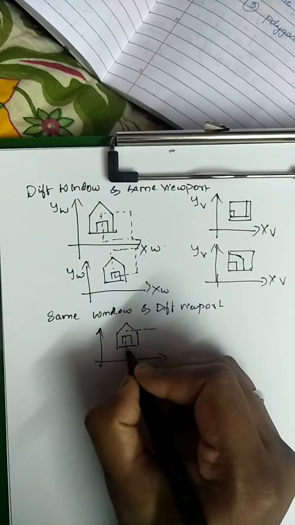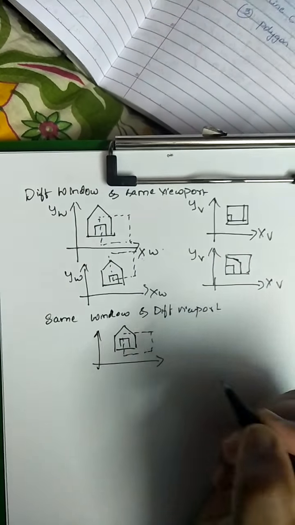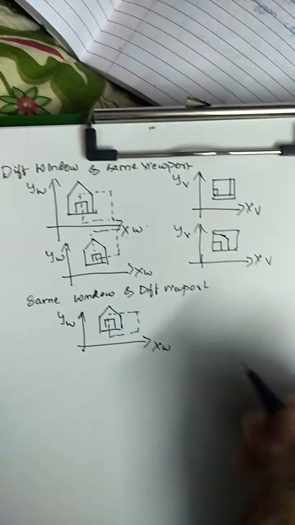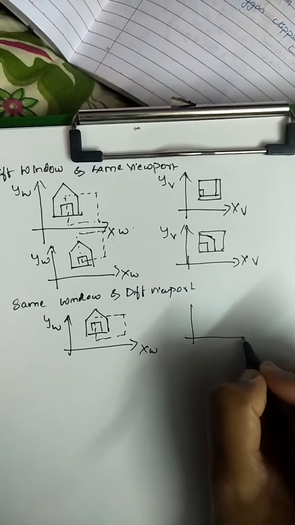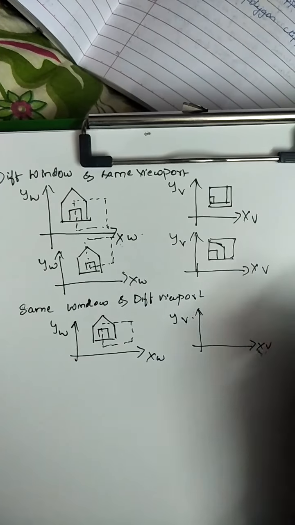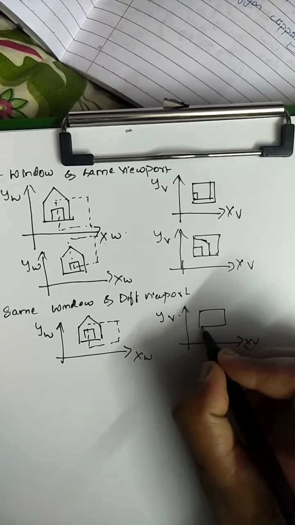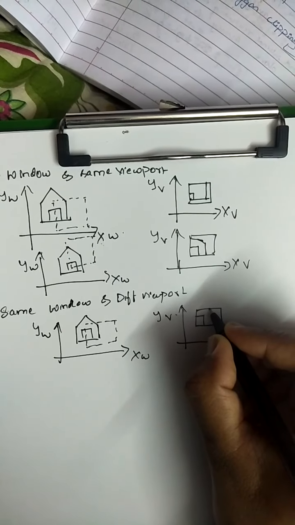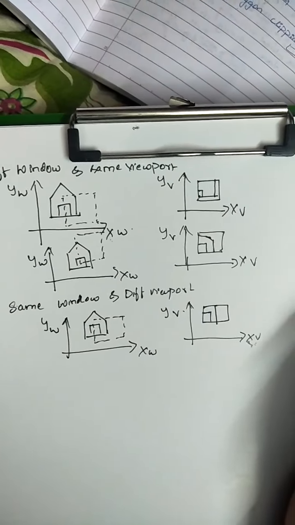Consider this as my window now. So this is XW and this is YW. With respect to the viewport, consider this as the viewport. This gets drawn. Fine.